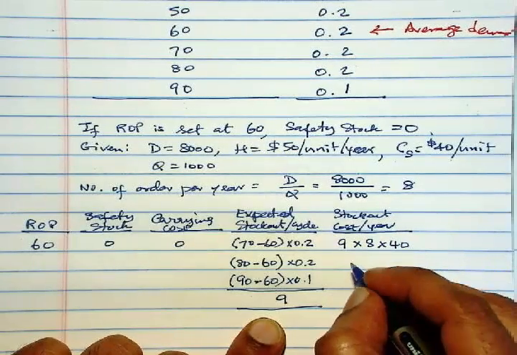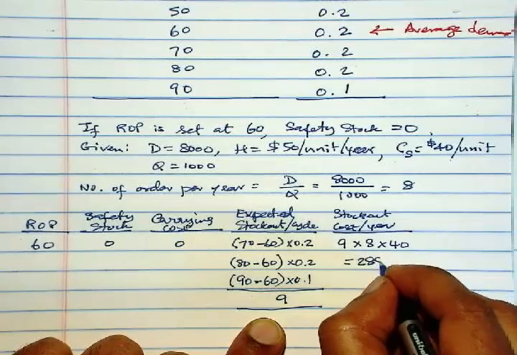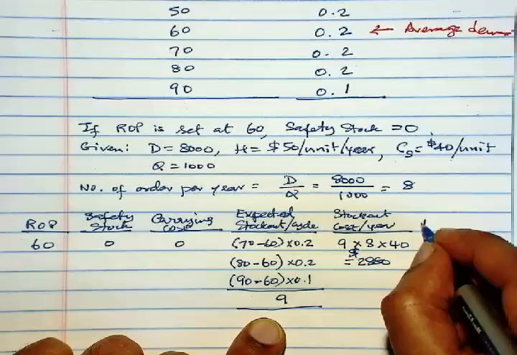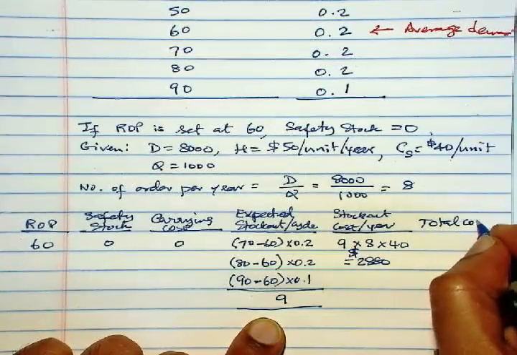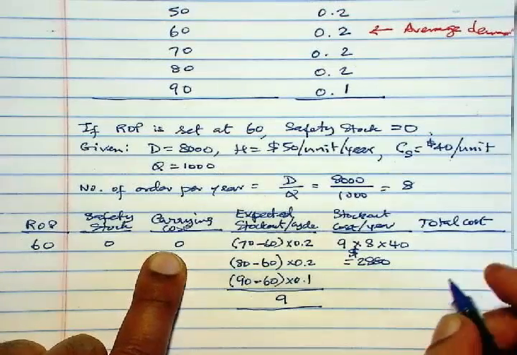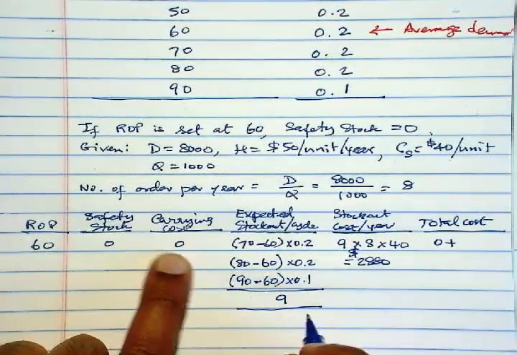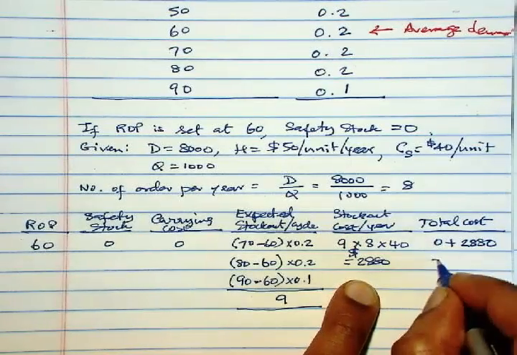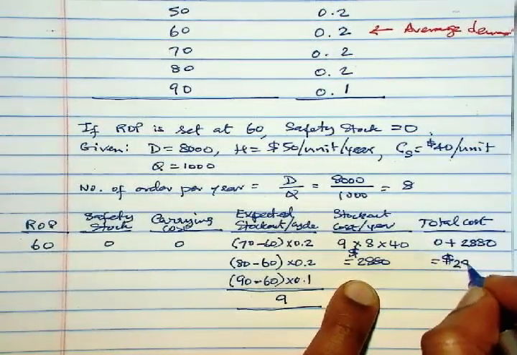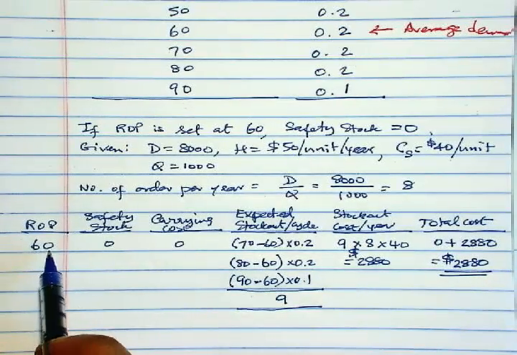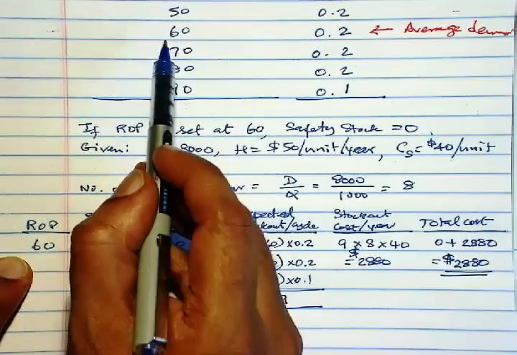So that will give you $2,880. So total cost then is carrying cost of 0 plus stock out cost of 2880 will give you 2880 as the cost if we set the reorder point at 60.